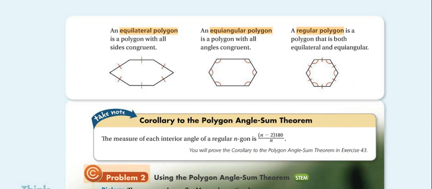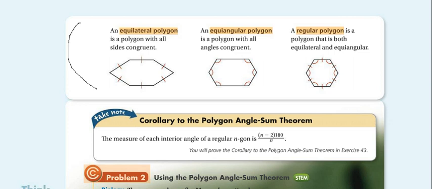Let's have you write down these 3 pictures with the vocab right here. We have different types of polygons. An equilateral polygon is a polygon with all congruent sides. An equiangular polygon has all the angles the same, congruent.